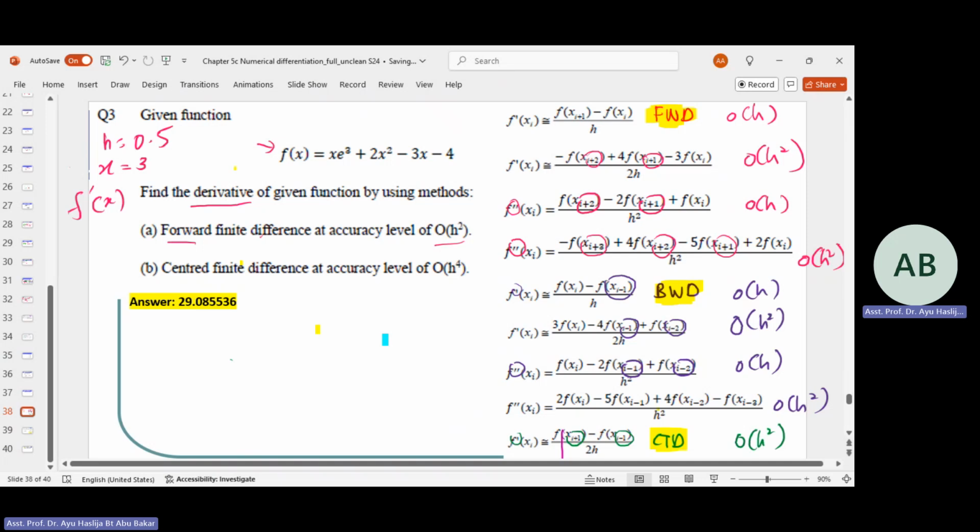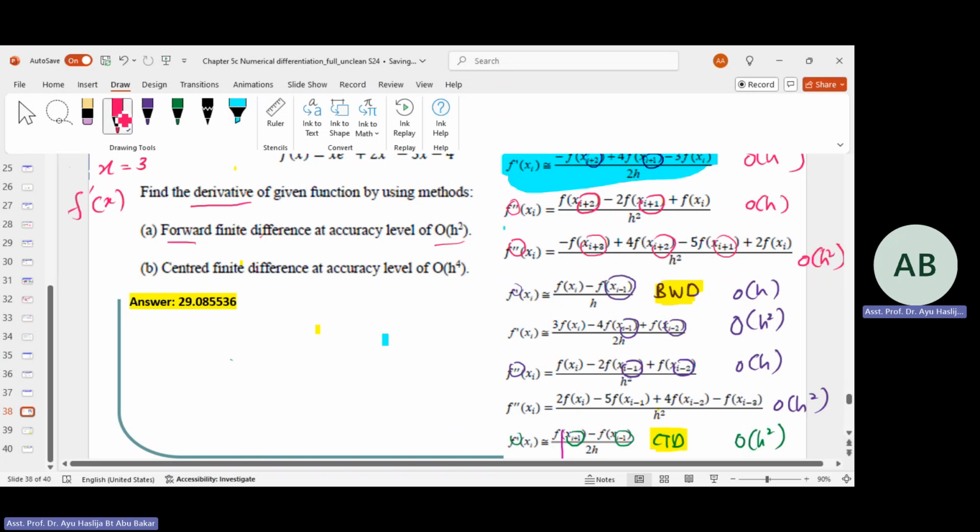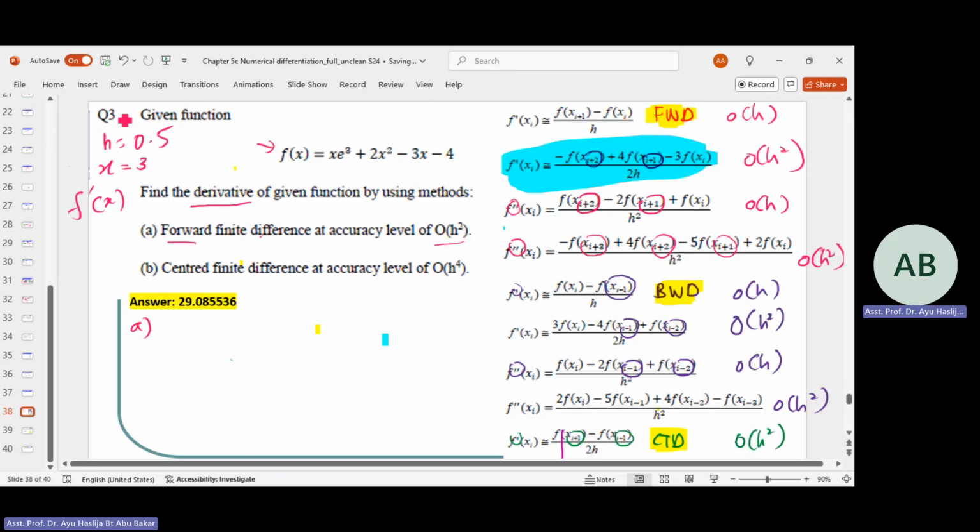Forward O level 2. So this is the equation involved. What are the data? You need x for A, so you have your x, i.